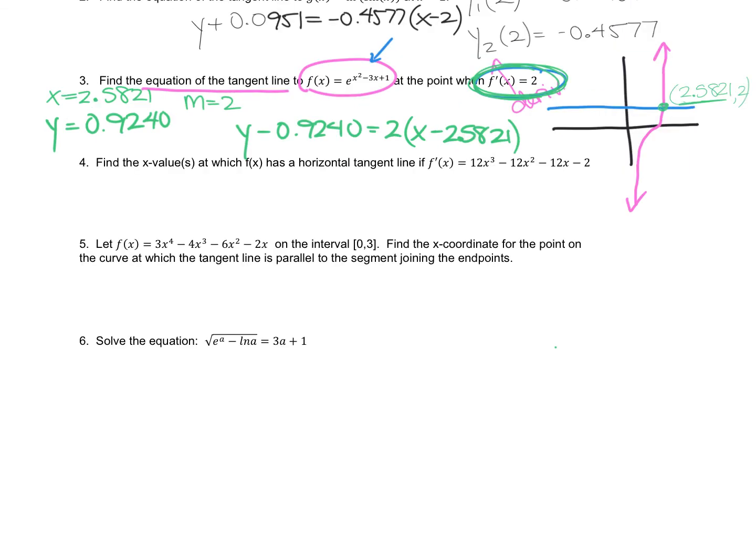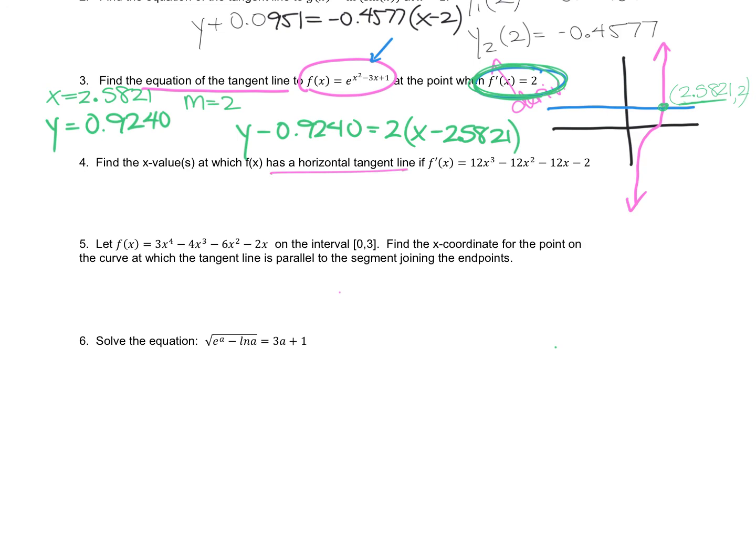If it says find the x values at which f of x has a horizontal tangent line, and you're given f prime of x is equal to this, so review, we just talked about this on the previous page. The original function has horizontal tangent lines where the derivative equals 0.